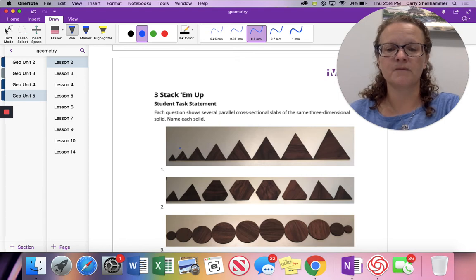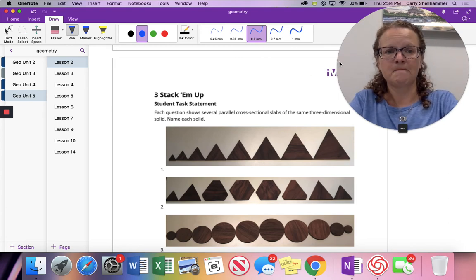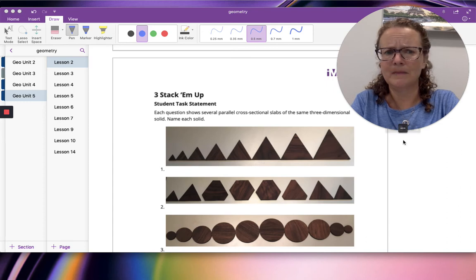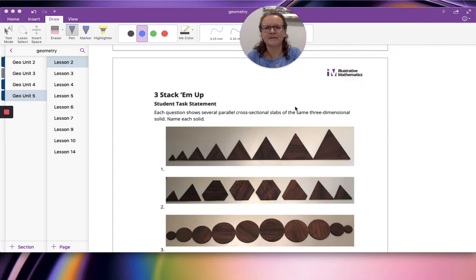So number 1, they've taken something and cut slices through it. Okay, let's make my head smaller. I think that would be medium. Smaller. That's really small. Perfect. If I stack these all up from smallest to biggest or biggest to smallest, name the 3-dimensional solid that we would get.